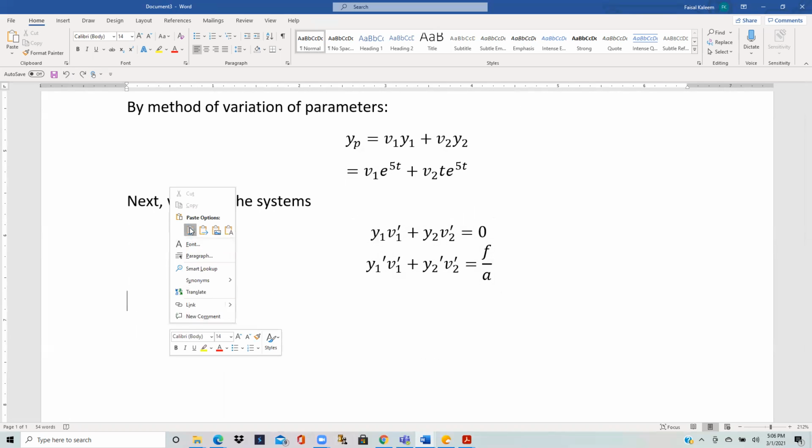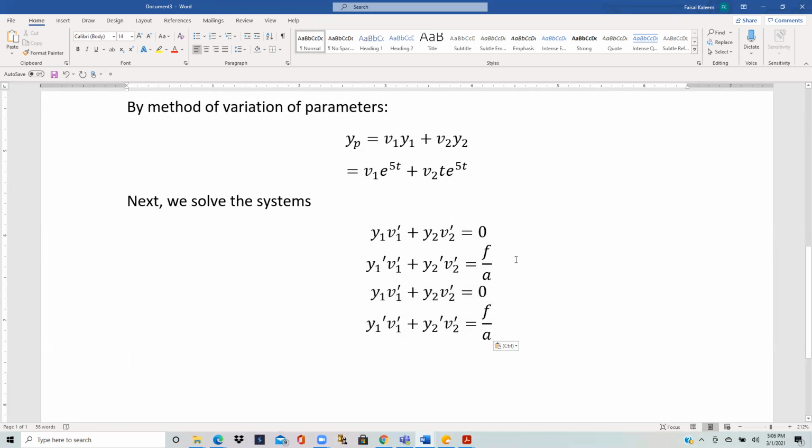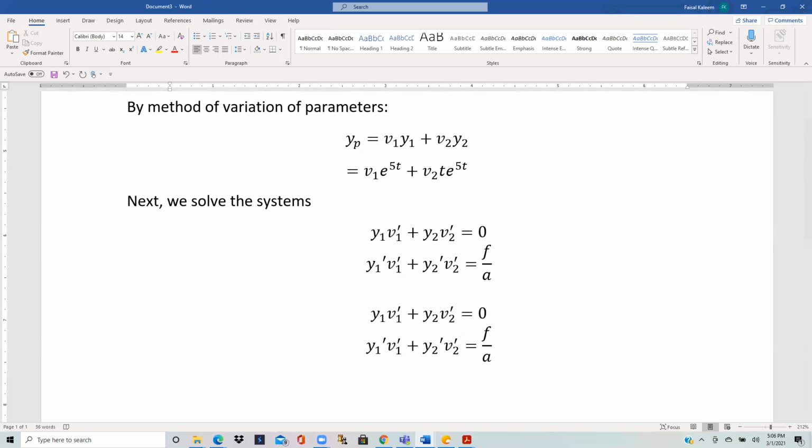Now substitute the values. y1 is e to the 5t, so that you know where the things are coming from, and y2 is t e to the 5t.